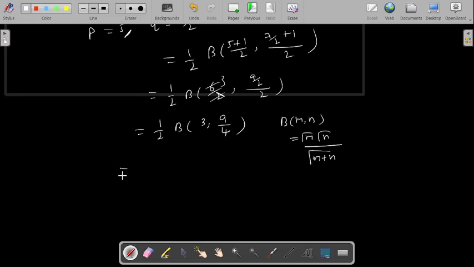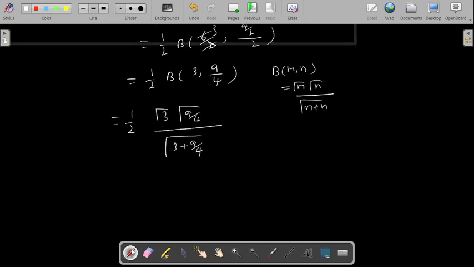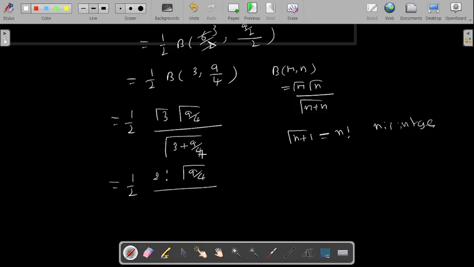So this will be 1 by 2 gamma 3 gamma 9 by 4 by gamma of 3 plus 9 by 4. Now gamma n plus 1 equals n factorial when n is an integer, so gamma 3 is 2 factorial.